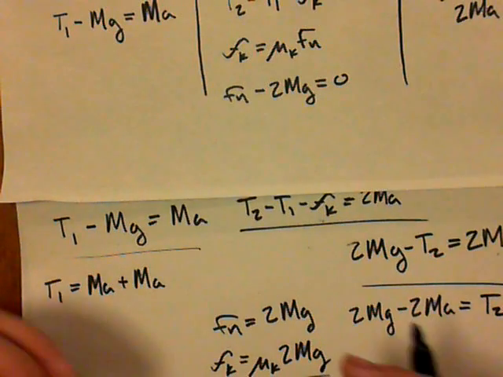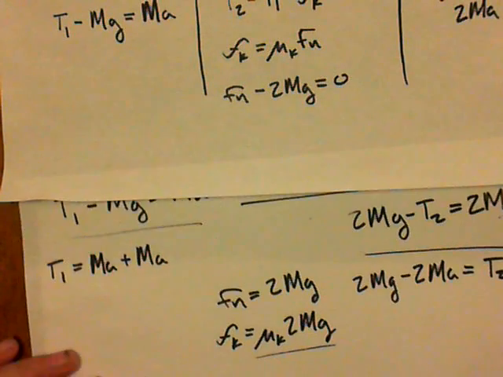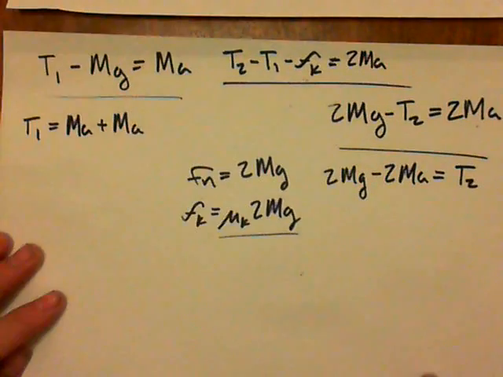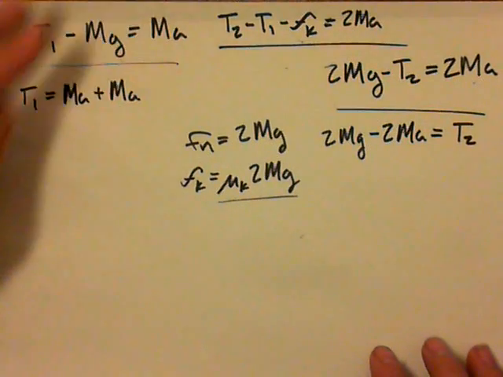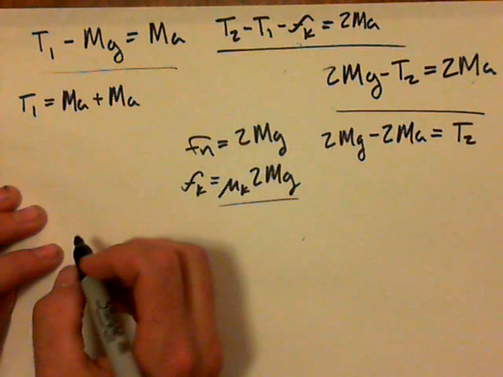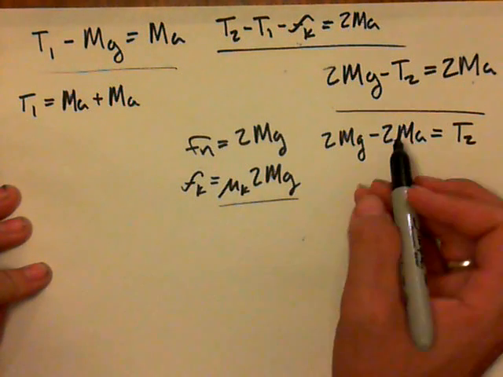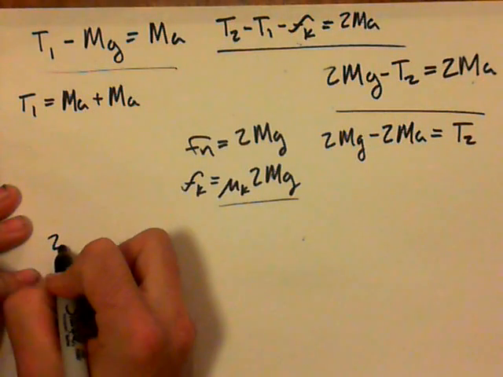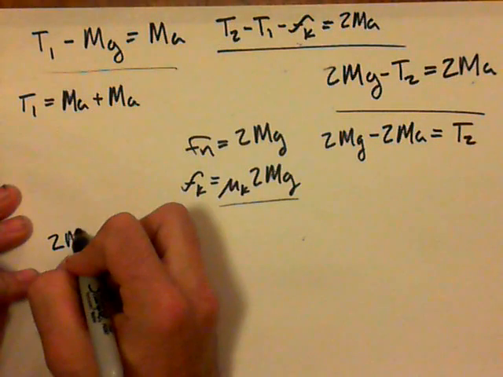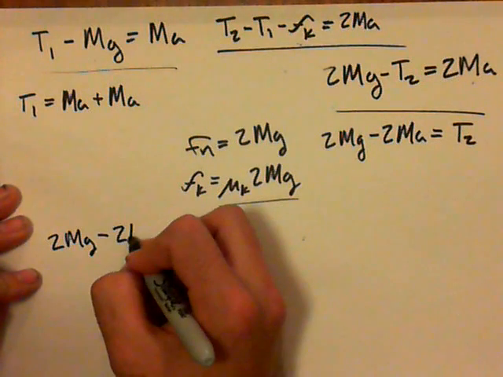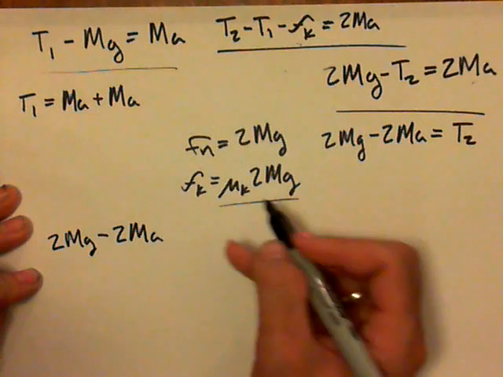So now let's pull these off, and I'll probably have to switch out a sheet again. So, let's see, get everything in clear view here. Okay, so I'm going to plug this one in first. So we have 2mg minus 2m acceleration.